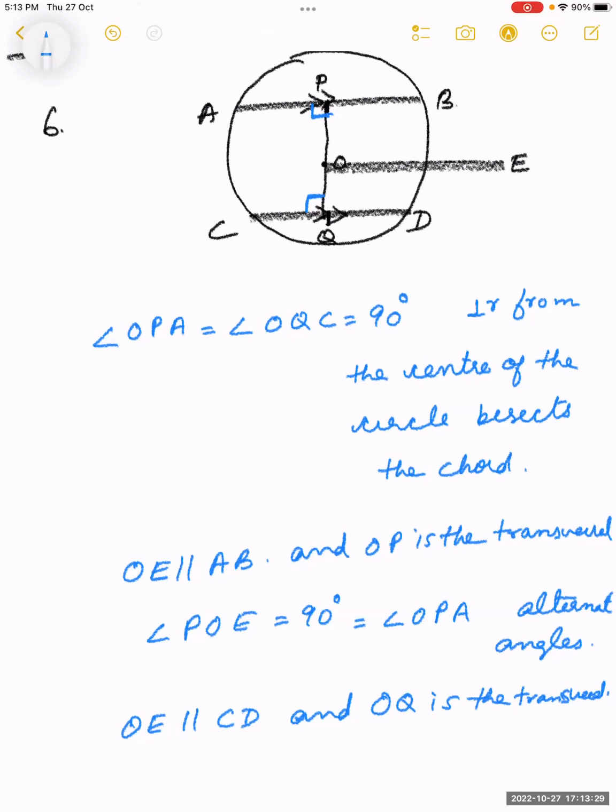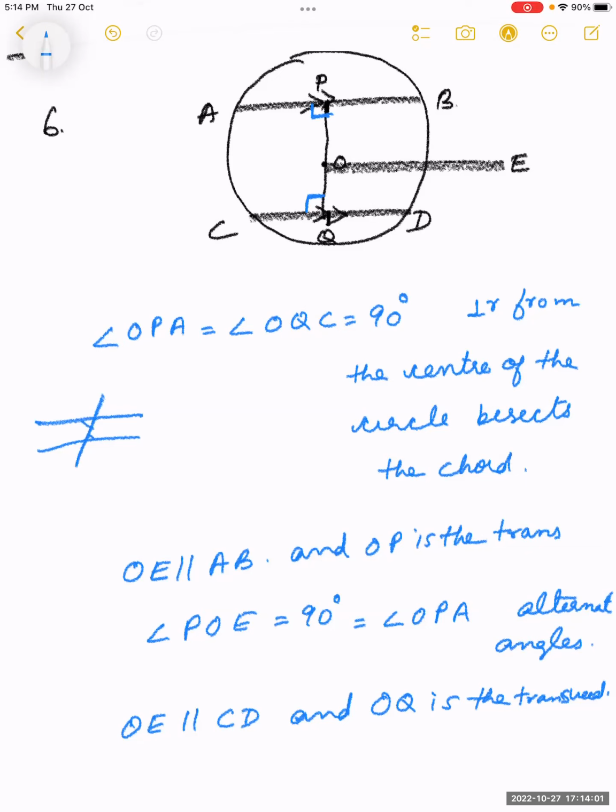What is a transversal? When two parallel lines are cut by another straight line, this line is called a transversal. I think you have learned this in 6th or 7th. I am specifically talking about parallel lines because only if the transversal is on parallel lines do we have alternate angles, co-interior angles and all that.